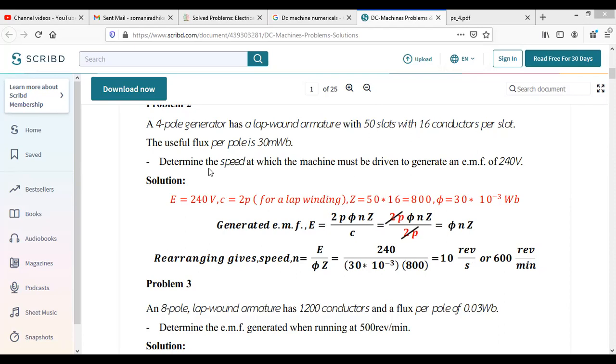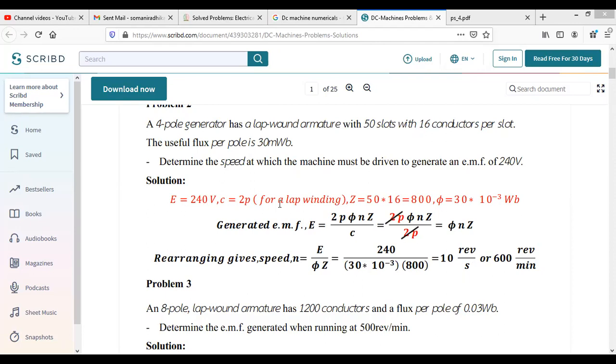So here they have asked to determine the speed at which the machine must be driven to generate an EMF of 240 volt. So here we take the given voltage, E equal to 240 volt. They have given a 4-pole machine, so we are considering a 4-pole generator.